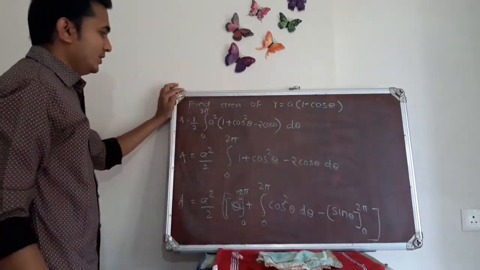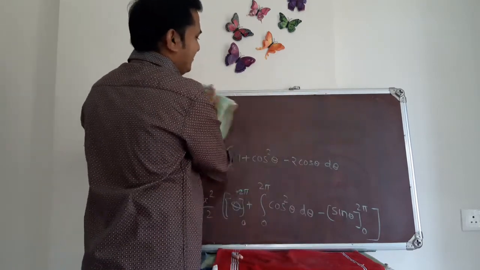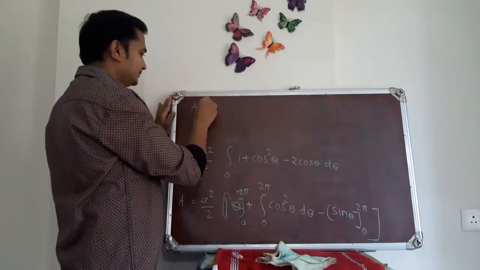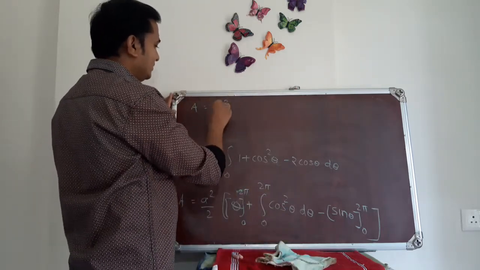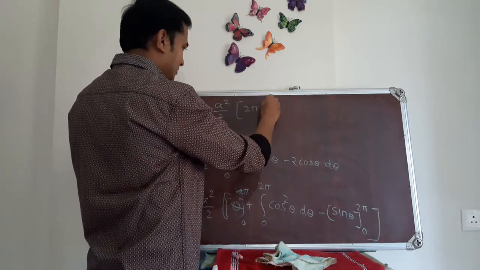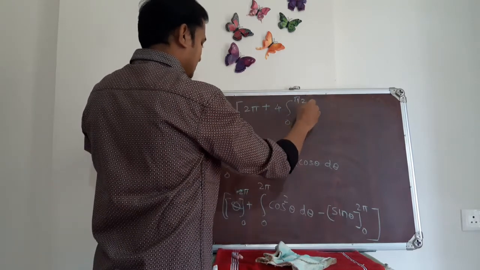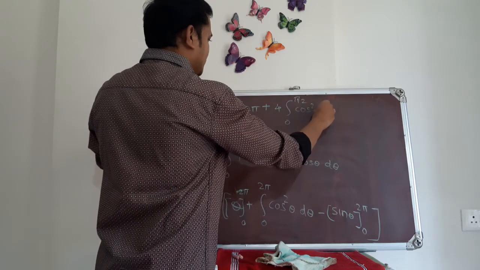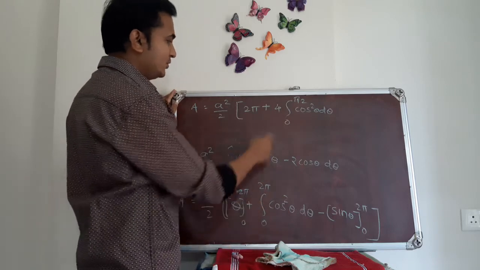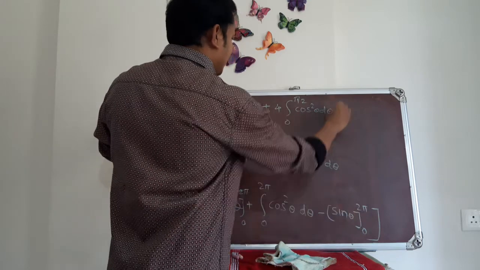Okay, so A is equal to a square by 2 into 2 pi plus 4 times the integral 0 to pi by 2 of cos square theta d theta, because n is even, so this becomes 4 times 0 to pi by 2. Sin 2 pi is 0, sin 0 is 0.